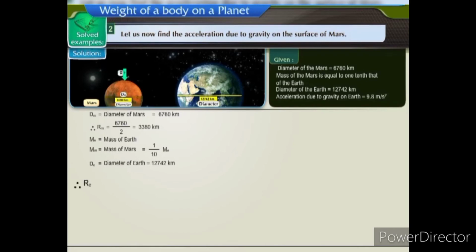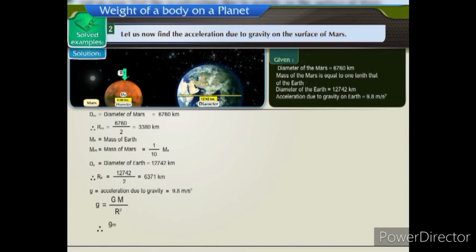Therefore, Re is equal to 12,742 upon 2, which is equal to 6,371 kilometers. g, the acceleration due to gravity, is equal to 9.8 meter per second square. g is equal to capital G into capital M upon R square.